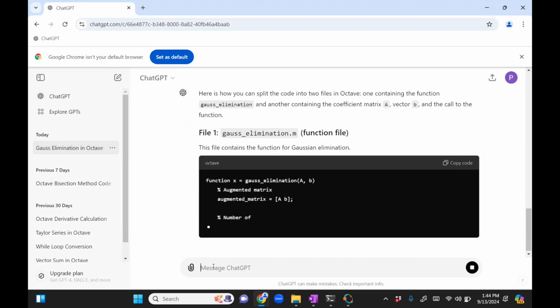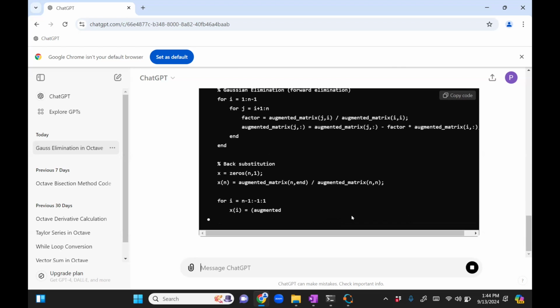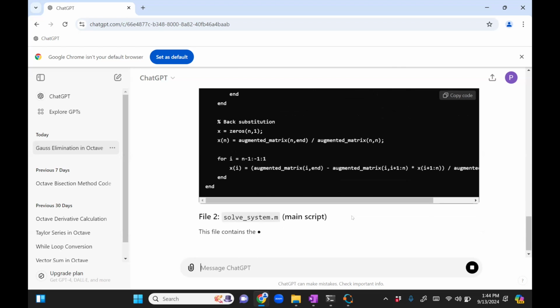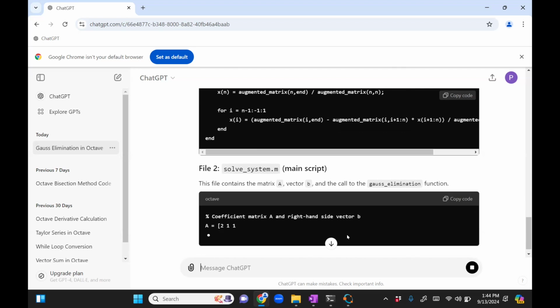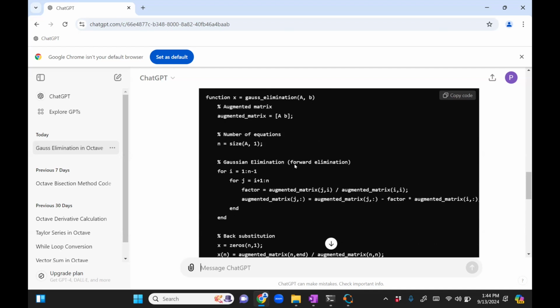So it's a function file, and then the main file. So this way, what we can do is if we have a different problem, we can just write a different A and B or have another file and then call that. So let's take it this way.